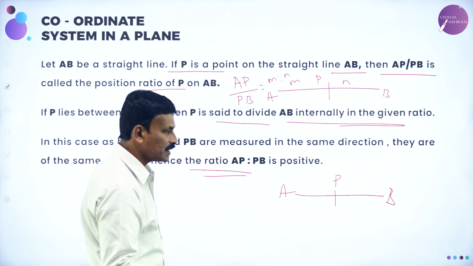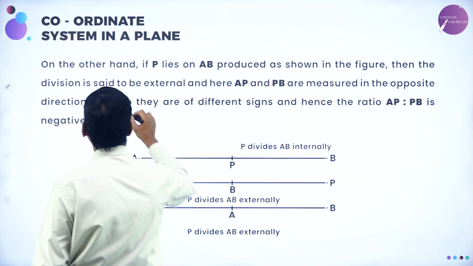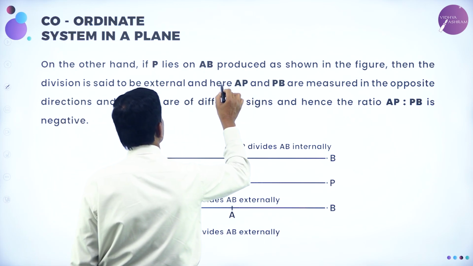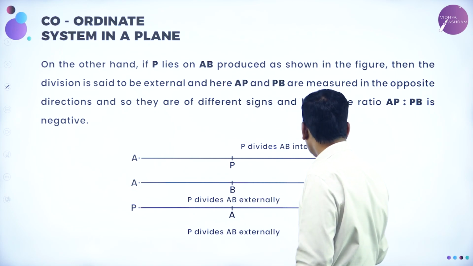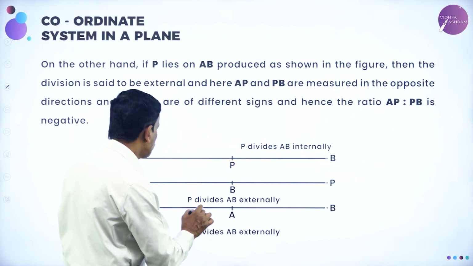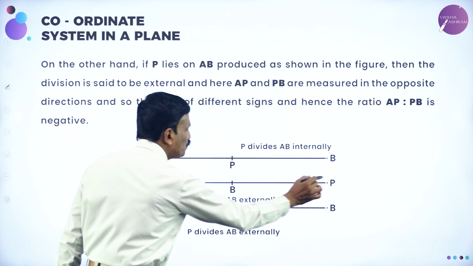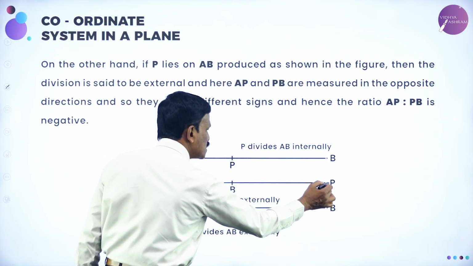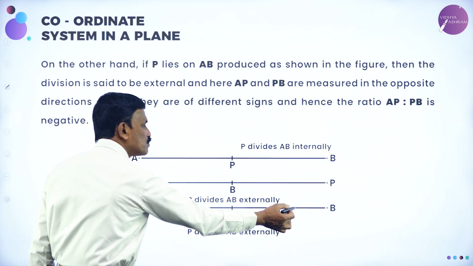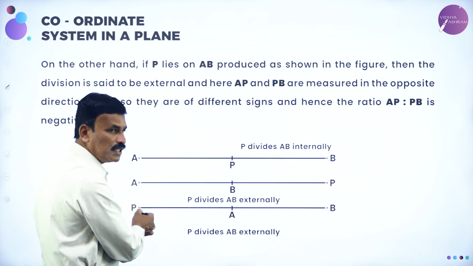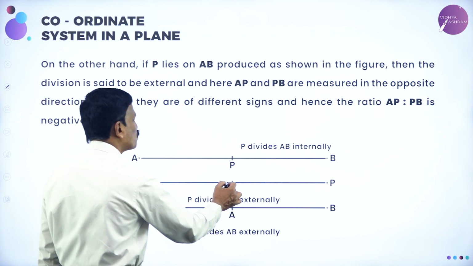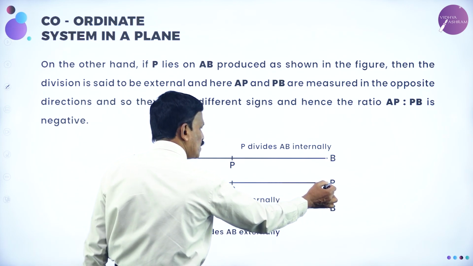On the other hand, if P lies on AB produced, as shown in the figure, then AB is produced in some direction and the point P lies there. If AB is produced towards B, then the point is here.